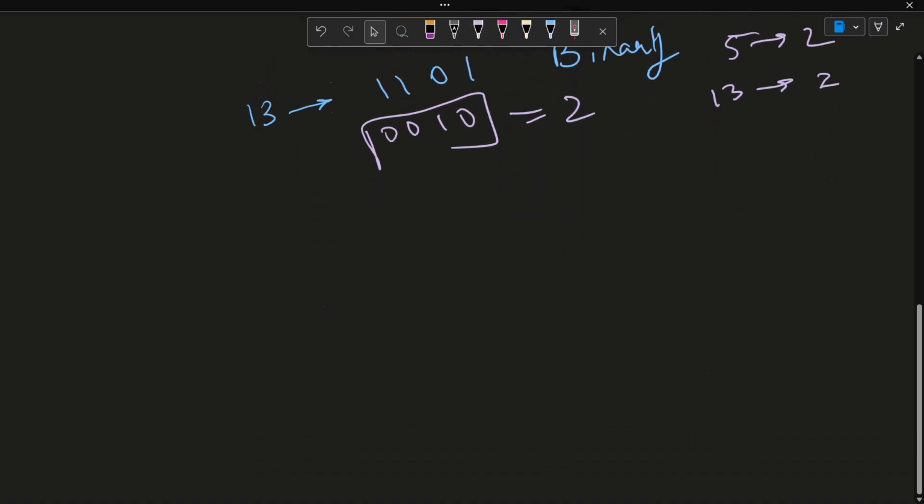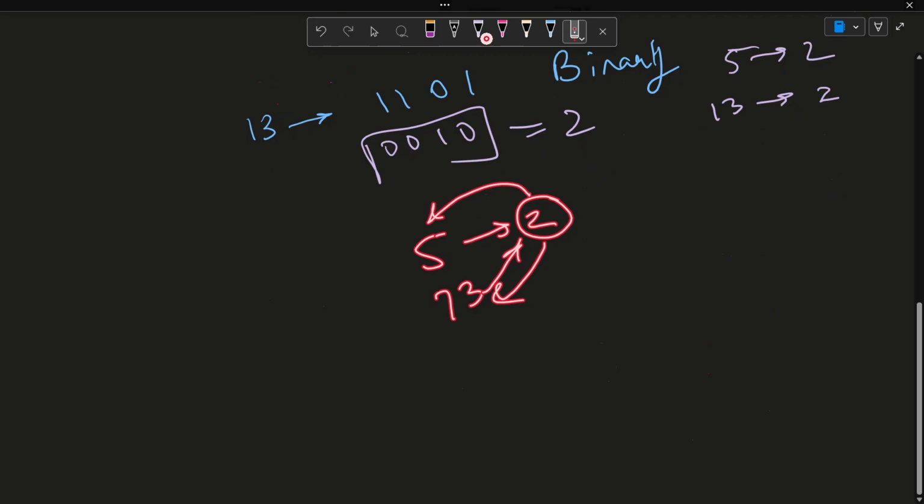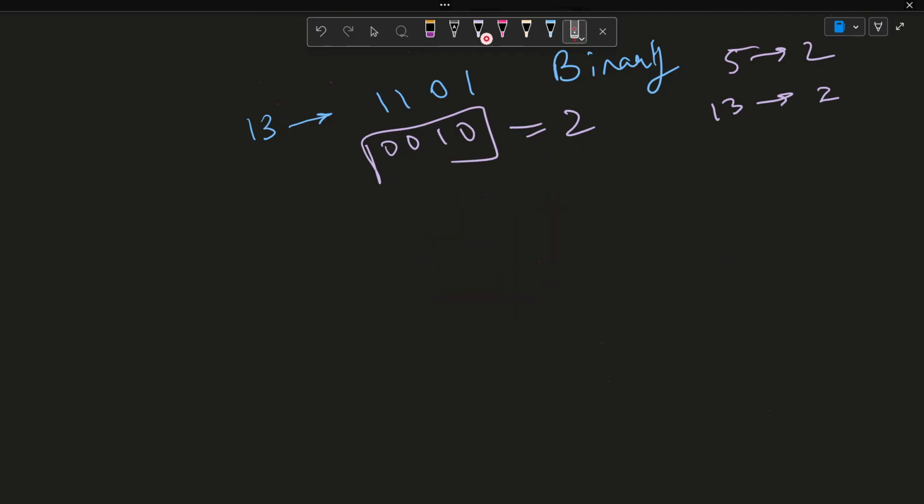So yeah, the question is not as straightforward as you think, because 13 and 5 have basically the same complement. So first of all, this complement operation is not invertible. From 5 you could go to 2, from 13 you could go to 2, but when you try to go from 2 back to 5 or 13, you cannot do that. It's not a unique representation of complement.